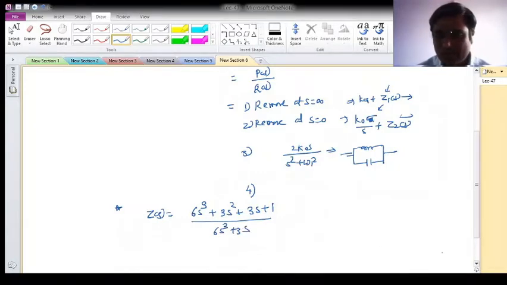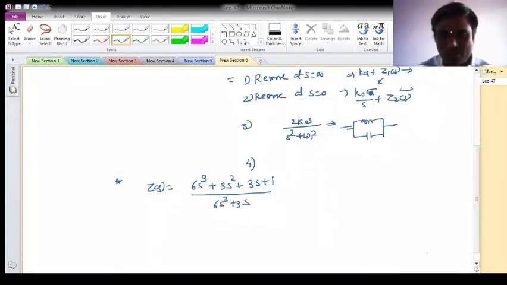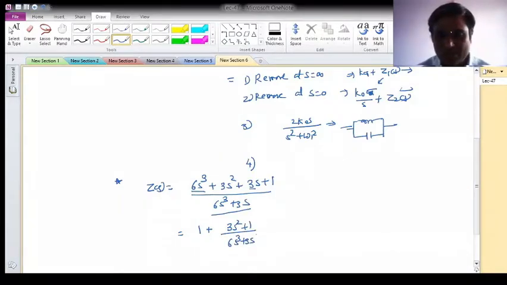If I look carefully, the denominator is contained in the numerator. So let us divide. Then what remains is 1 plus (3s square plus 1) divided by 6s cube plus 3s. Now let us check whether this is really PRF or not.